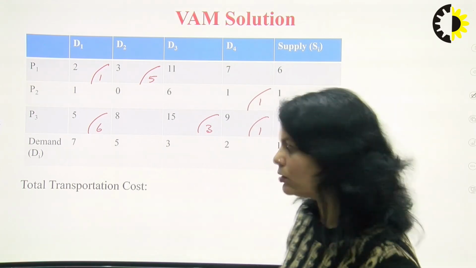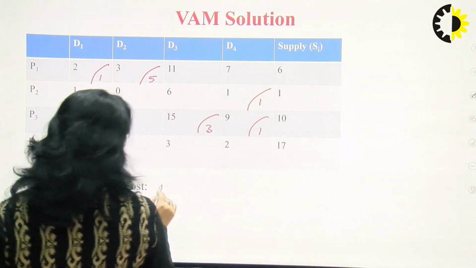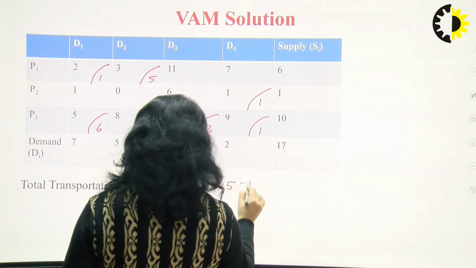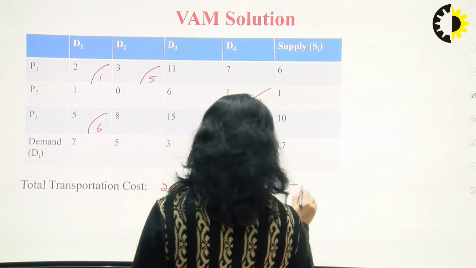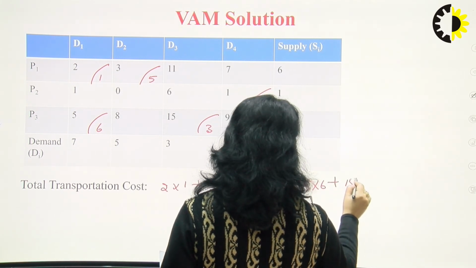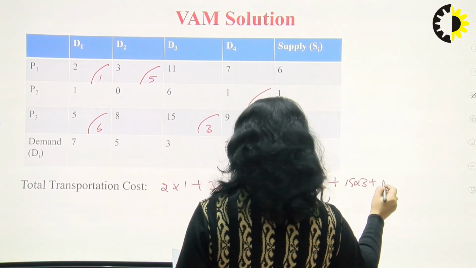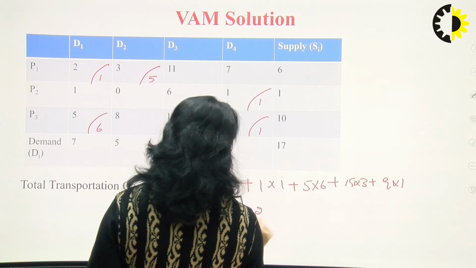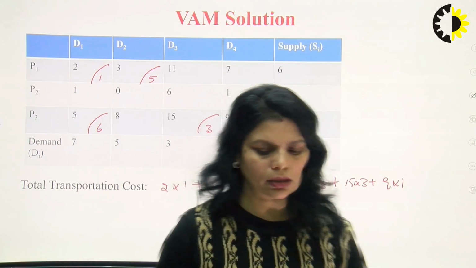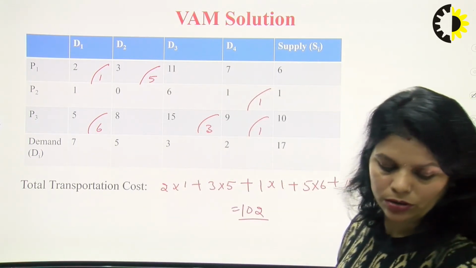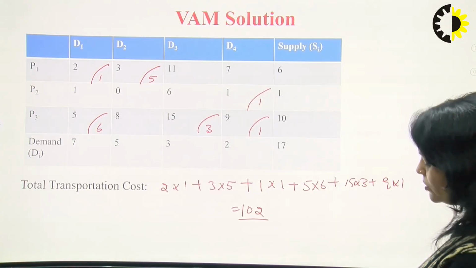Okay, so now we can find out the transportation cost as 2 into 1 plus 3 into 5 plus 1 into 1 plus 5 into 6 plus 15 into 3 plus 9 into 1, which comes out to be 102. Clear? So we can see here that we get the least cost with the help of this method.